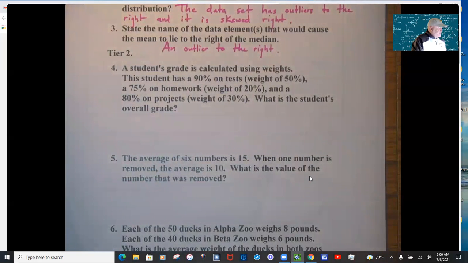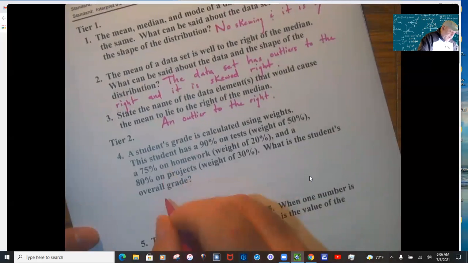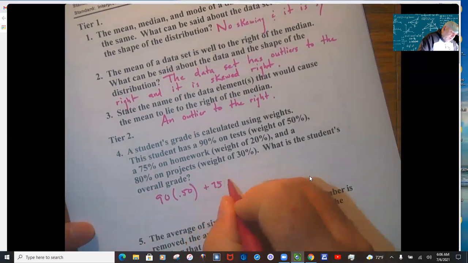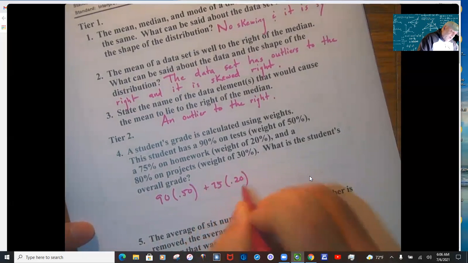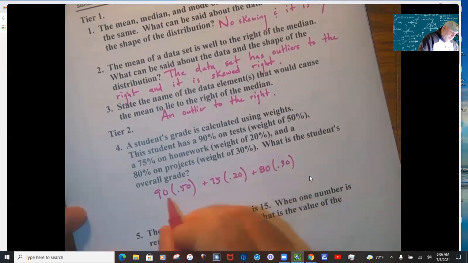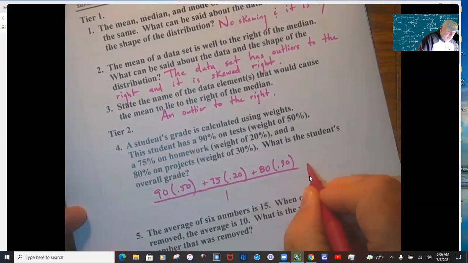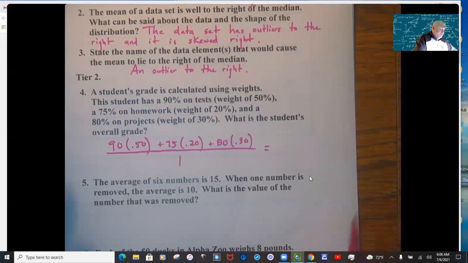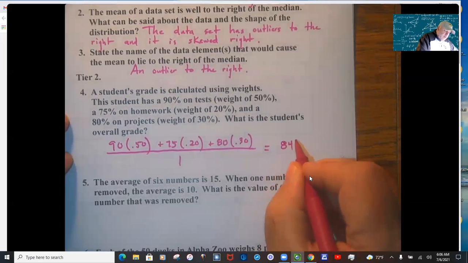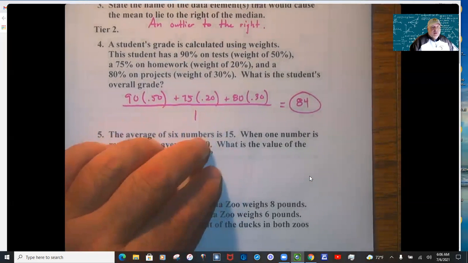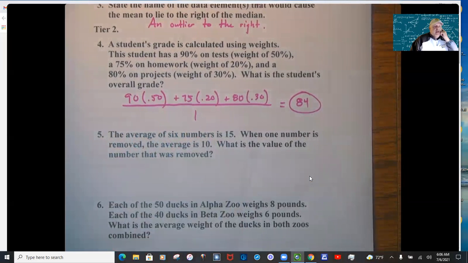In this problem, all the weights are being used, so we divide by 1 here. 0.9 times 0.5 plus 0.75 times 0.2, and so on. But it's real important that you understand that this is divided by the sum of the weights used. If we only had the first 2 categories, you'd be dividing by 0.7 in the final calculation.